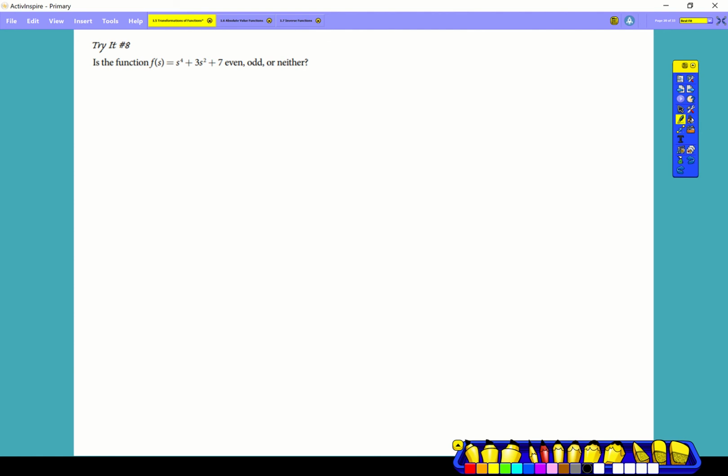So is this function even, odd, or neither? I don't know. Let's try. So first we're going to go for even. Negative s is what they're using. Okay. So notice, negative s multiplied together 4 times. That's an even number of times that it's multiplied together. So that means that my negative is going to go away.